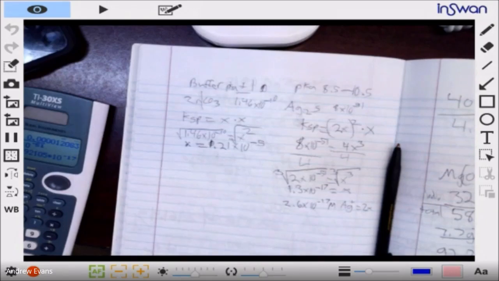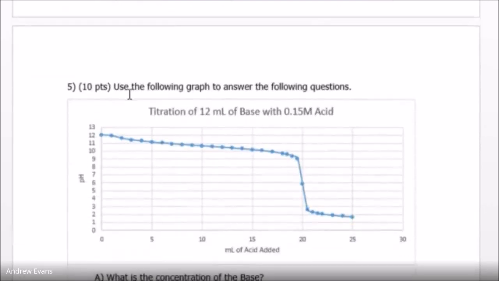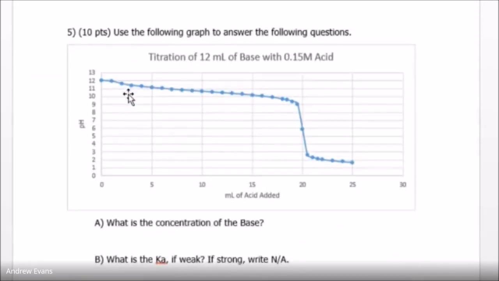So that was problem 4. We'll go ahead and do problem 5 just because this won't take very long.